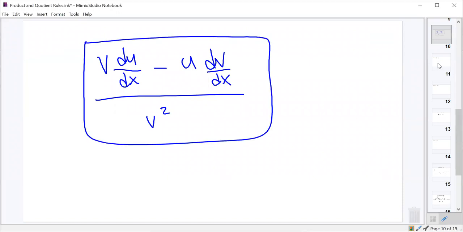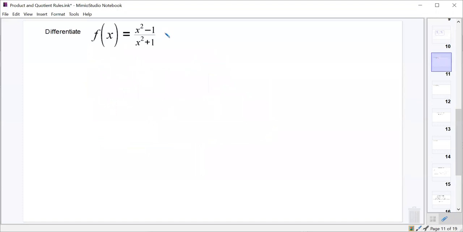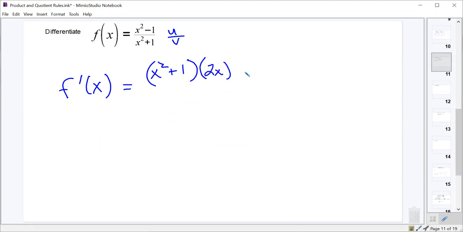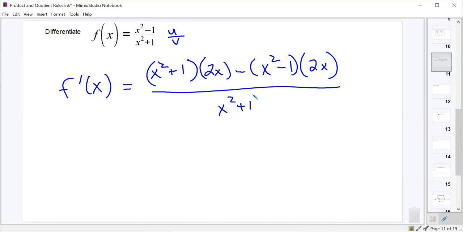So the quotient rule says if I have u over v, the derivative should be v, which is x squared plus 1, times the derivative of u, which is 2x, minus u, which is x squared minus 1, times the derivative of v, which is 2x, all over v squared. Good or no?